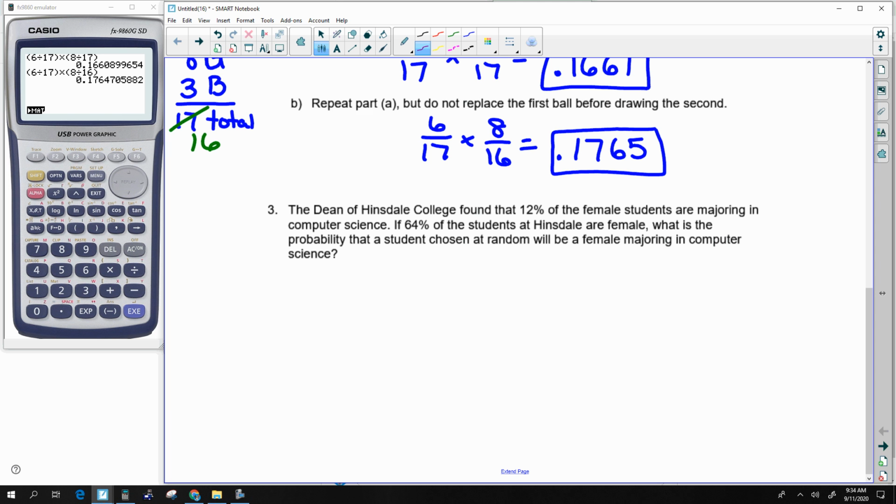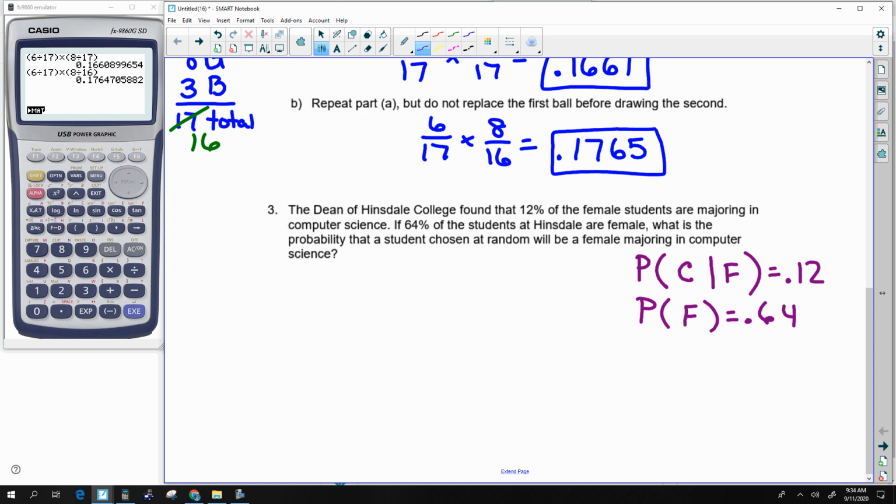The Dean of Hillsdale College found that 12% of female students are majoring in computer science. So it's already known that they are female, given that they're female. That would be computer science, given that they're already female. So given that they're female, 12% are in computer science. 64% are female. So being a female is 64%.